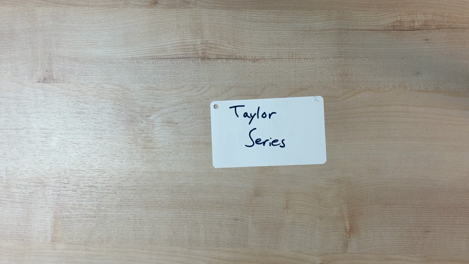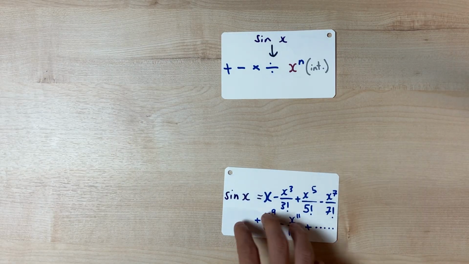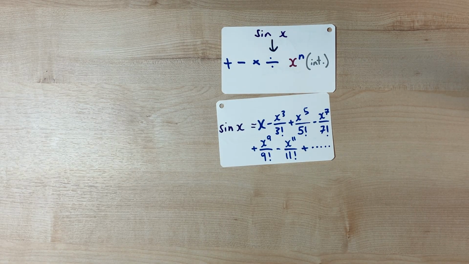For instance, we can use this really cool process called the Taylor series to convert sine into a polynomial. This yields this crazy looking result, which may seem like pointless complication, but is actually very helpful for analyzing sine.